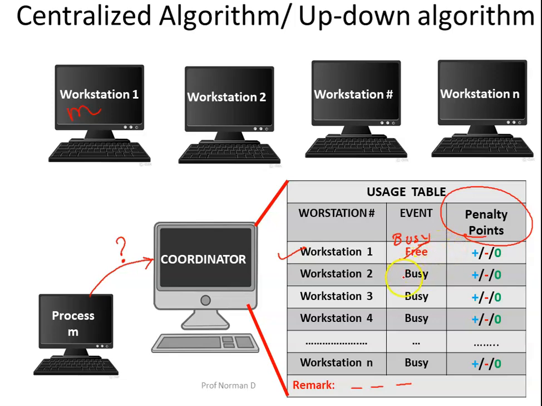When it has an unsatisfied request pending, the penalty points will be subtracted in the usage table. When no requests are pending and no processes are being used, the usage table is moved a certain number of points closer to 0. In this way, this score keeps on moving up and down, that is positive and negative, and hence the name up-down algorithm.